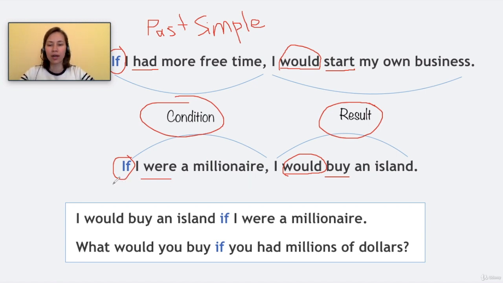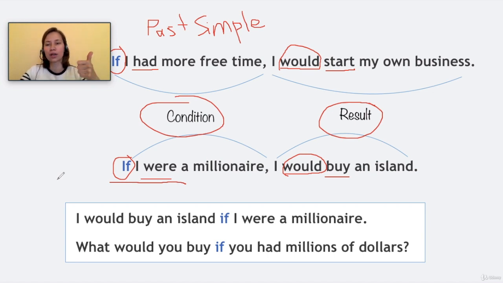All right, so what's interesting about this sentence is that when you speak about something that you would do if you were someone else, or if you were in a different situation, you use this exact phrase, if I were. Actually, you know that I is used with was, right?